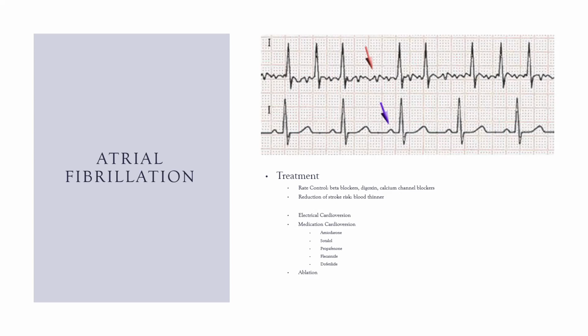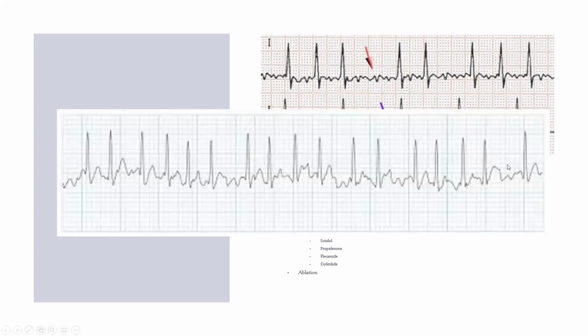The other thing that they can do is medication cardioversion. So this would be your patient that has an RVR, which I think I put, yes, this is RVR. Okay, what I mean by RVR, it's a rapid ventricular rate. So not only do we have the AFib going on, but we also have frequent contractions of the ventricles, RVR.